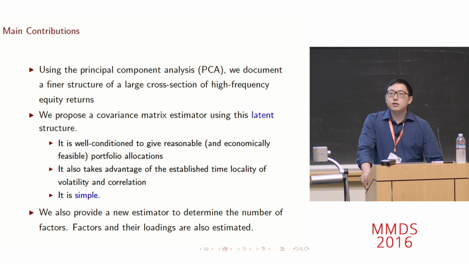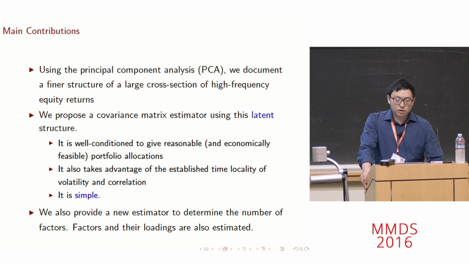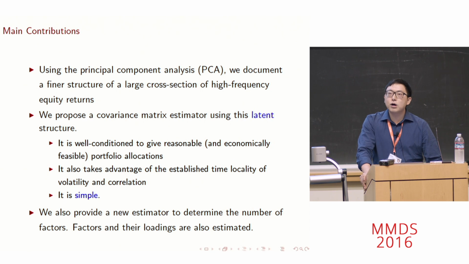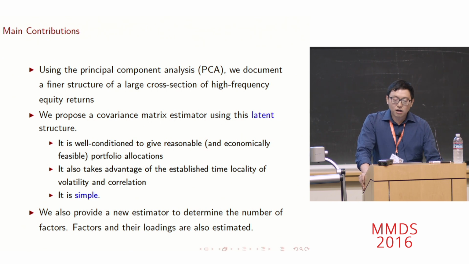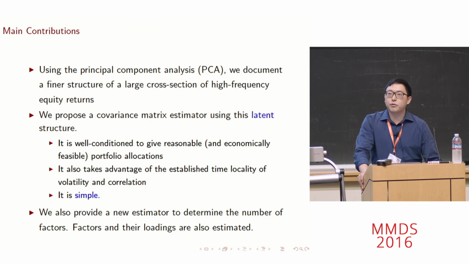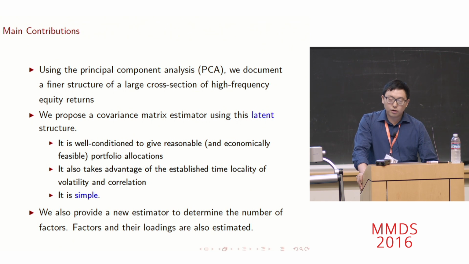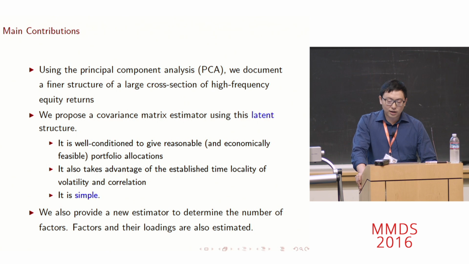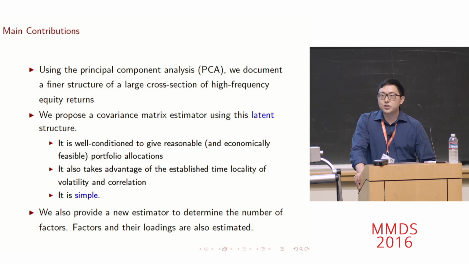The main contribution of the paper is the following. We use principal component analysis designed for high-frequency data to document the fine structure of a large cross-section of intraday stock returns. We propose a new covariance matrix estimator using this latent structure. The new estimator is well-conditioned, which is very important to give reasonable portfolio allocations.